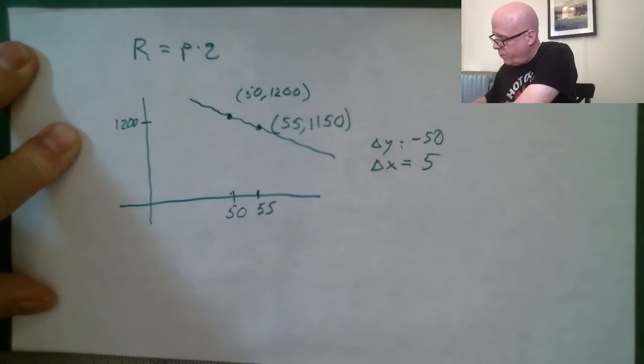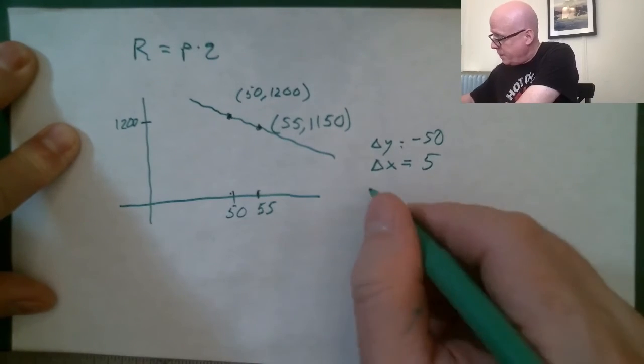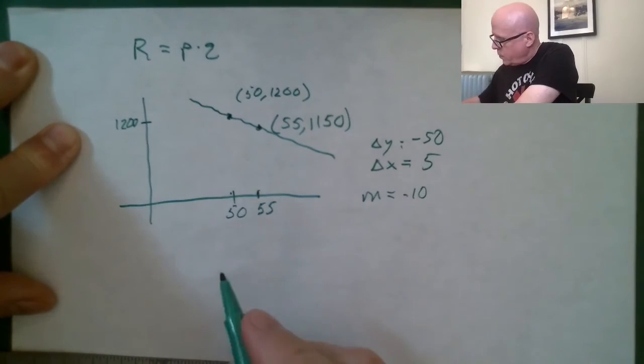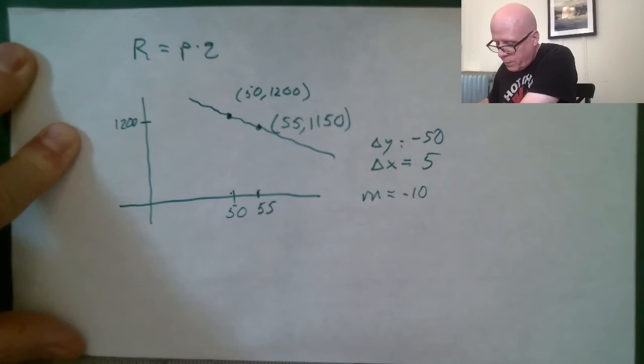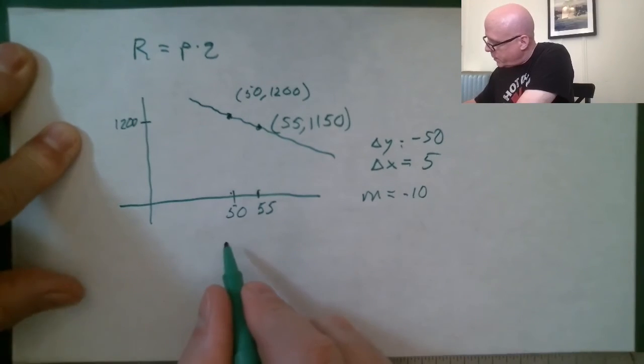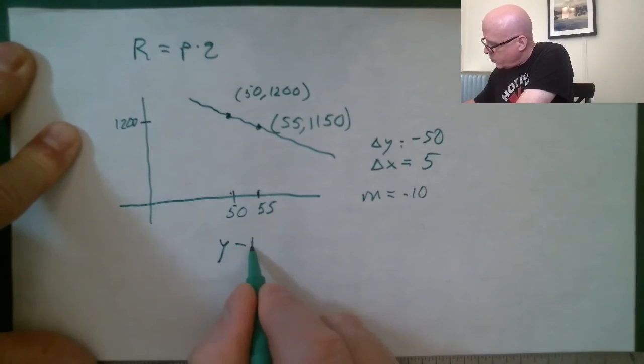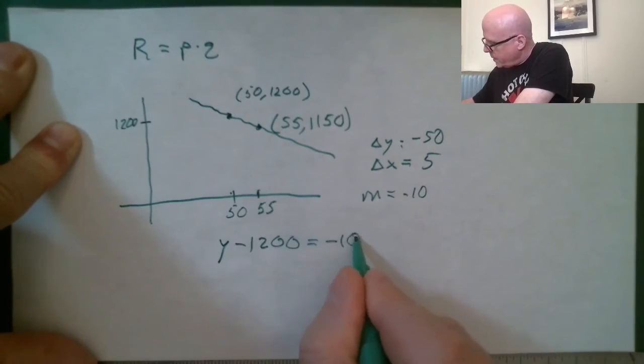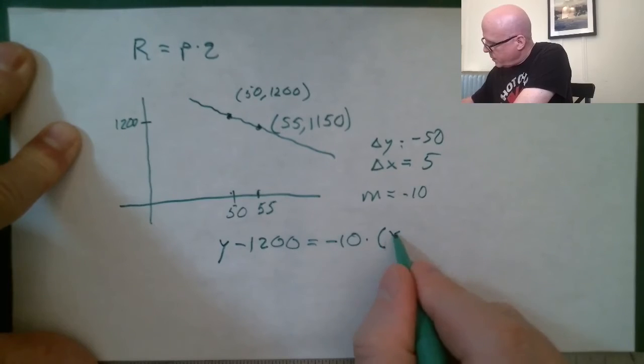The ratio of delta y over delta x is -10. So that's our slope. M is -10. So then that makes the point slope form of this line be y minus 1,200 equals -10 times x minus 50.